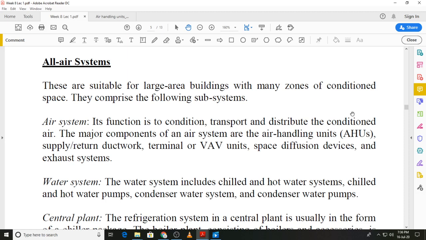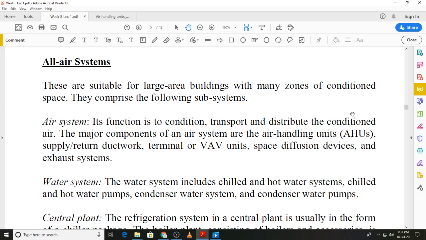That means when we say a zone, a zone is not necessarily a single room, it can be a collection of several rooms, but they all have the same operating characteristics. And then you can have large area buildings where we have several zones which have their own operating characteristics, and for that we can use central air conditioning system of an all air type.